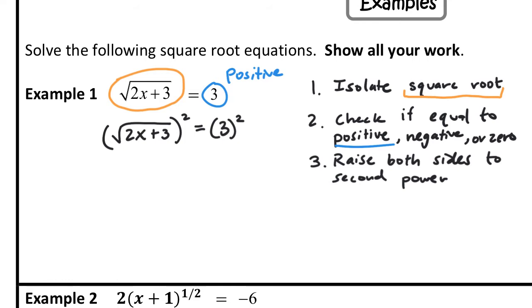Okay, so we've raised both sides to the second power. What happens on the left here is that the square root and the square cancel each other out, and so that leaves me with 2x plus 3 equals 9.